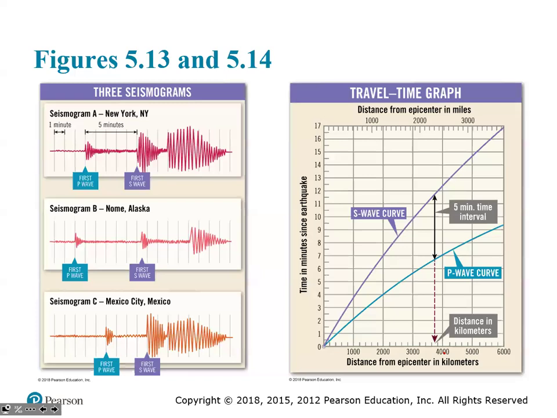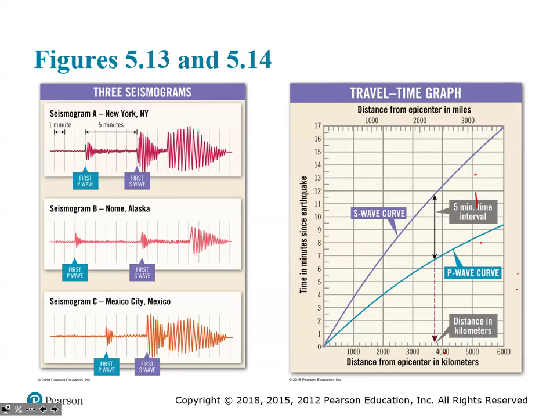This is 1, 2, 3, 4, 5, 6.5. So 6.5, it's like this far. So it'd be about here. So it's about 3,000 miles.